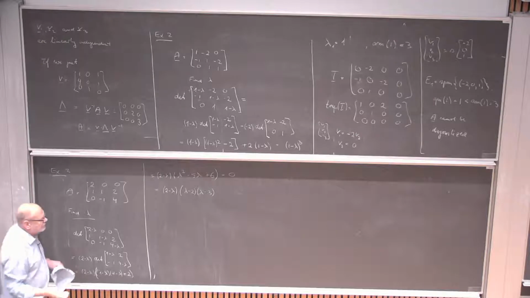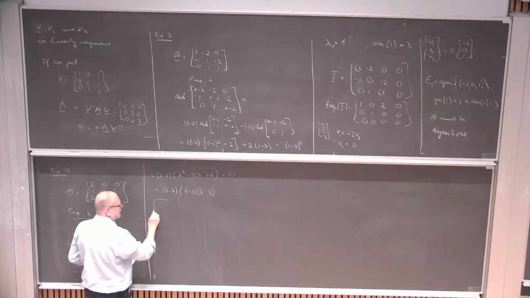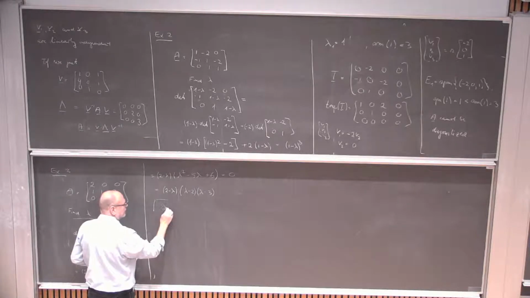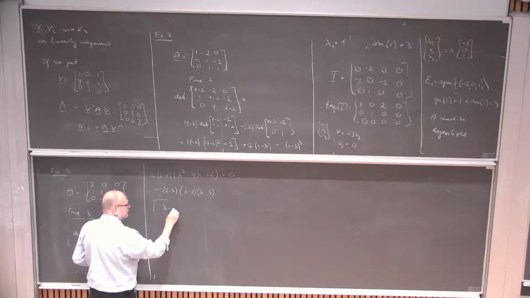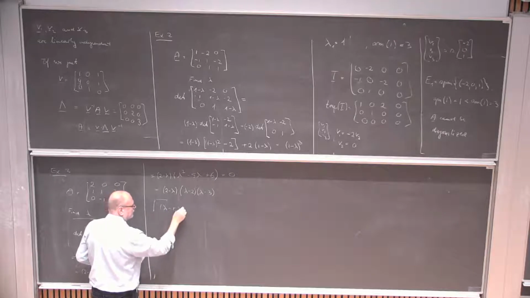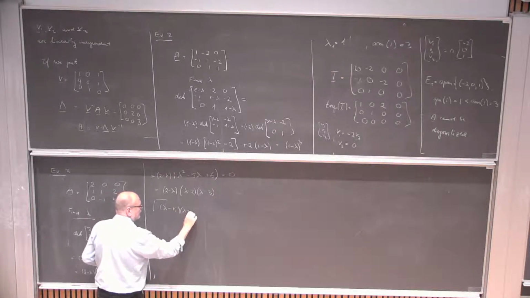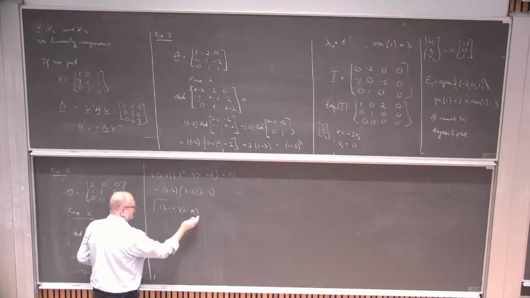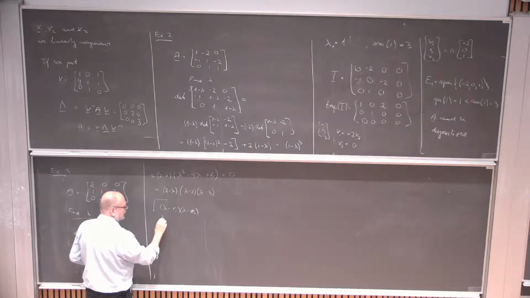I guess you know this rule. If not, let's take it. If you have 2 roots in a quadratic polynomial, you can call them R1 and R2. And then if you multiply out, you get lambda squared.